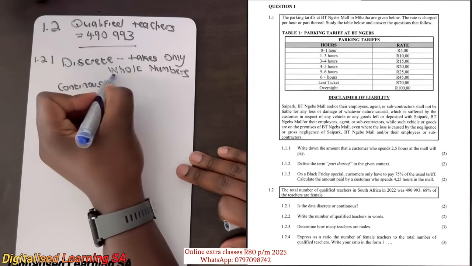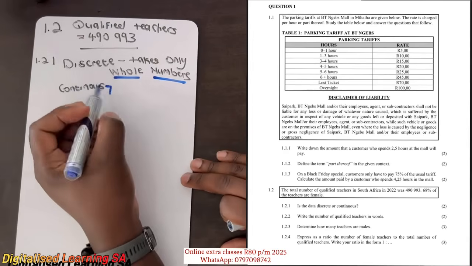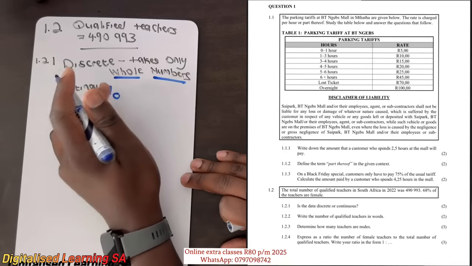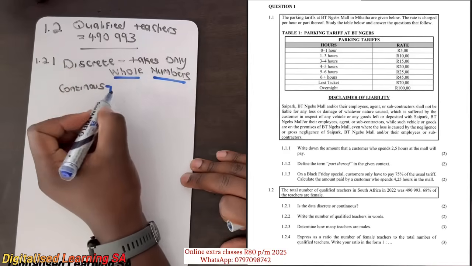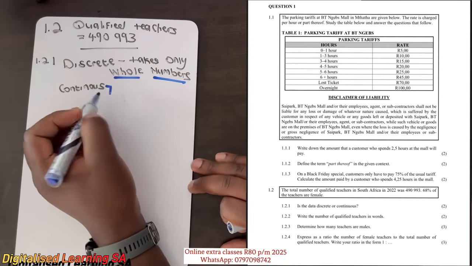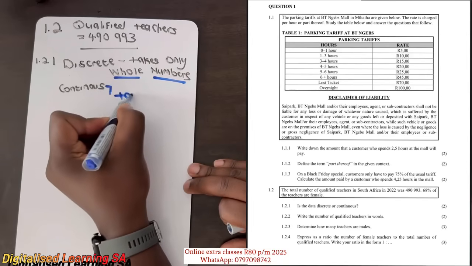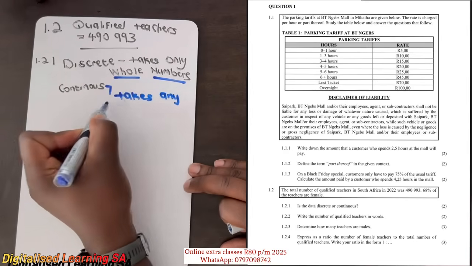So it takes only whole numbers. And continuous can take any number. It doesn't matter whether the number or the answer has fractions or decimals. So it takes any number.